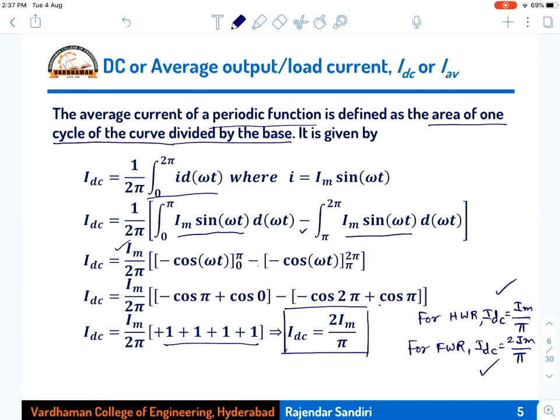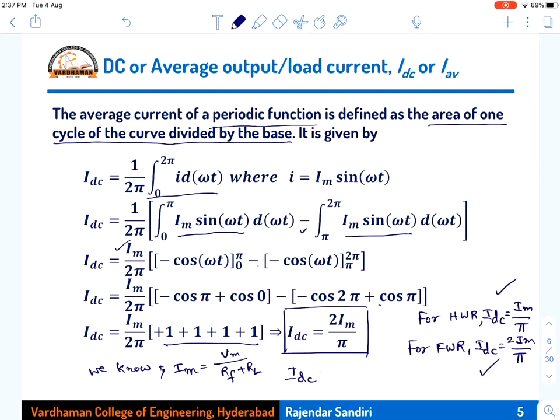And you know the relationship between Im and Vm. We know Im is equal to Vm by Rf plus RL. That is the relationship between Im and Vm. Even we can write this IDC in terms of Vm also, just by substituting in place of Im.